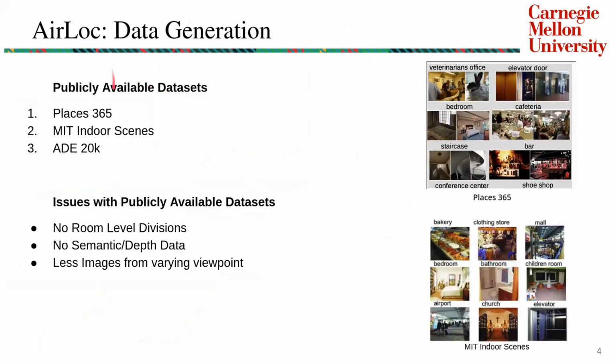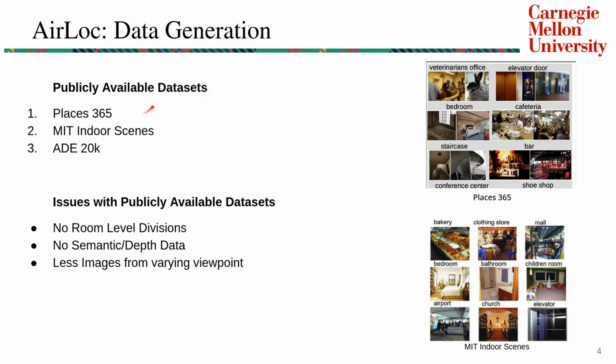There are two major contributions in this work. The first contribution is data generation, and the second contribution is the proposed novel methodology. Coming to the data generation section, we reviewed all the datasets present in the literature for indoor relocalization.